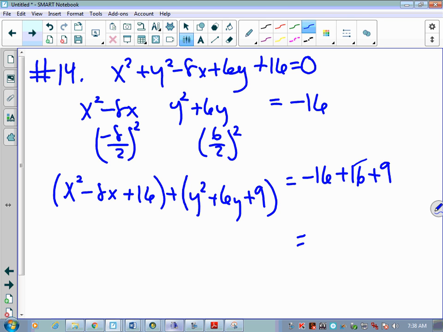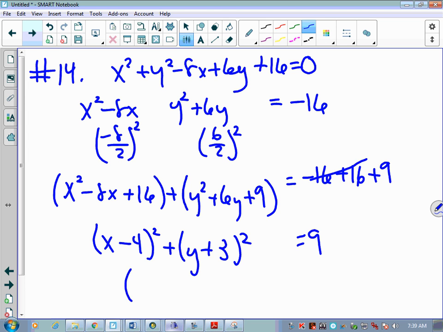This becomes x minus 4 squared, plus y plus 3 squared equals 10.